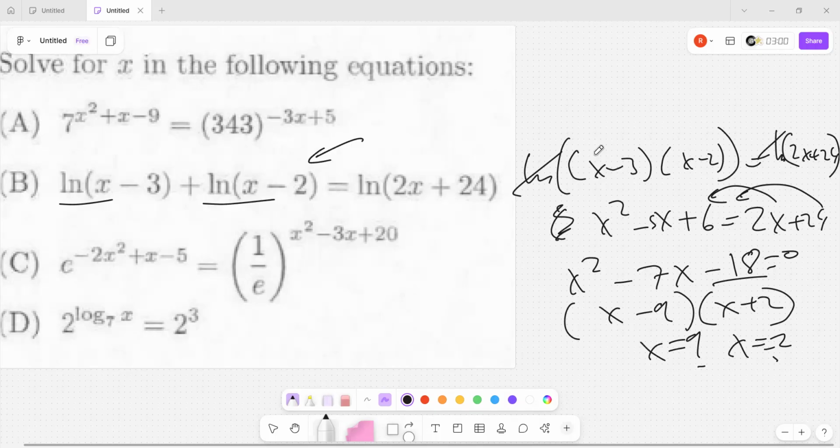Okay, in the end they want them to equal each other. Okay, let's see. For this, this is E. I will tell you how to do it.